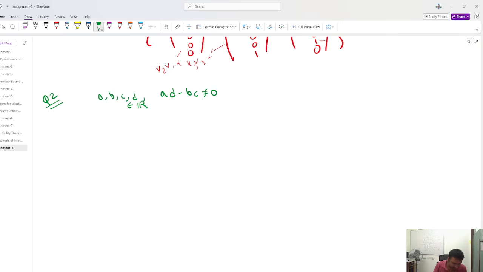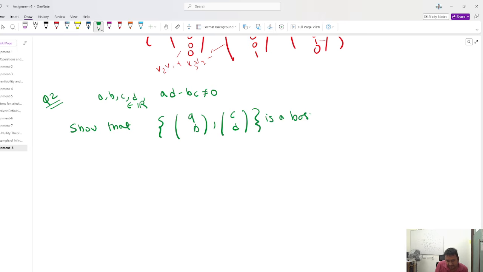Now what you have to prove? Show that this set is a basis of R2. This is a very fun example.